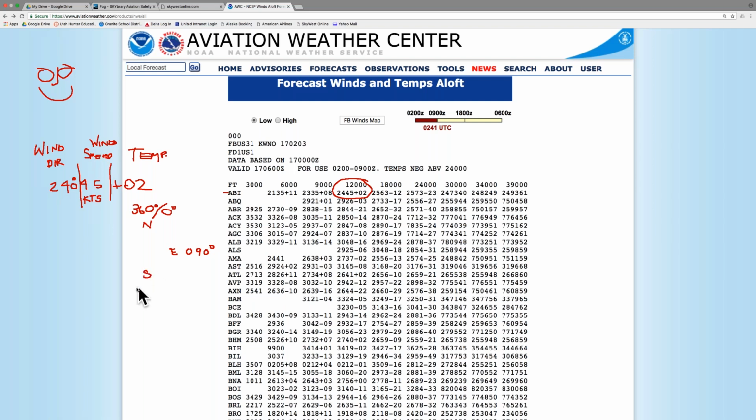South will always be 180. And west will be 270. So 240, basically what's happening is that wind's coming from a west-southwest direction. Does that make sense? And that means that the wind's blowing from that direction.